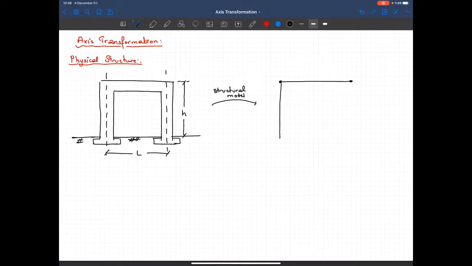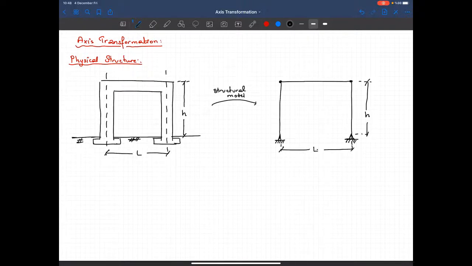I have a column, I want to model the footings as pin supports, another column here, and this is the usually floor to floor height, that's h, and this one is the center line to center line distance between these two columns.